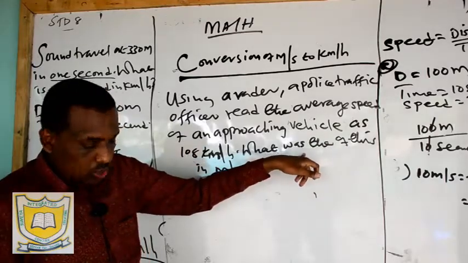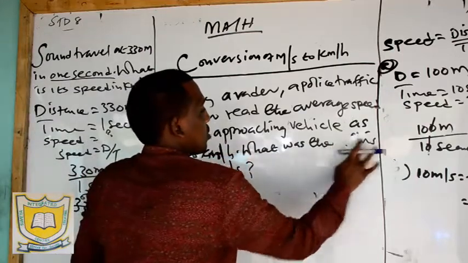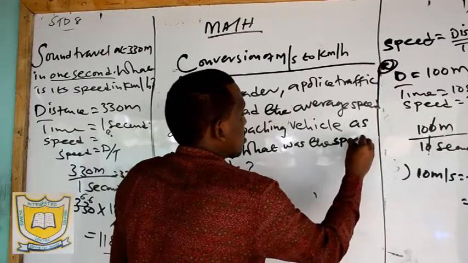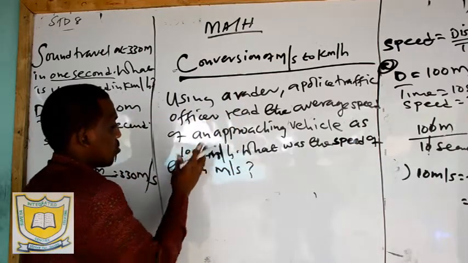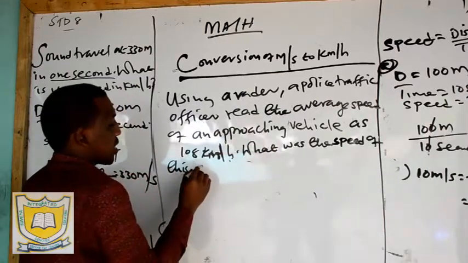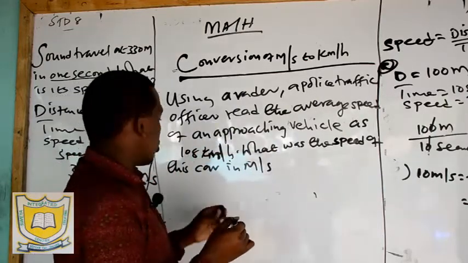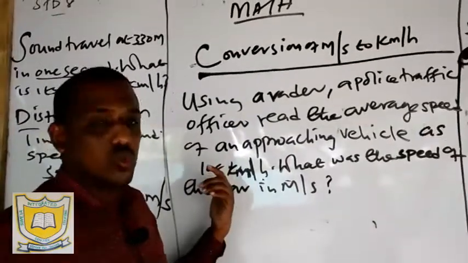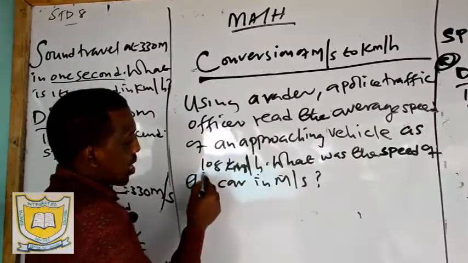What was the speed of this car in meters per second? The only thing now is that we are changing this one from kilometers per hour. We only have the speed.